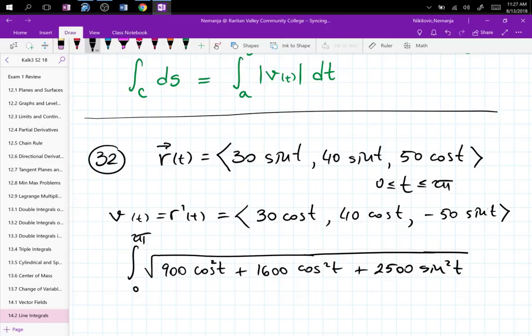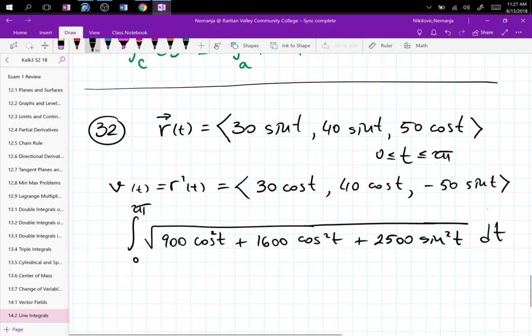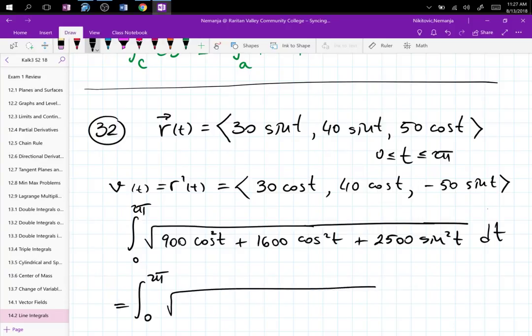The minus dies in the process of squaring. When you add the two cosine squares, you get 2500, right?